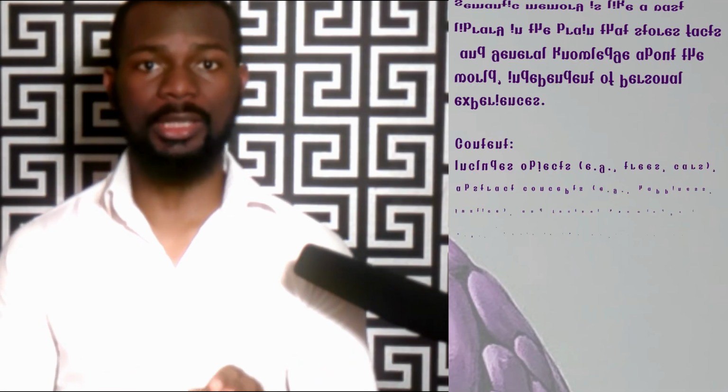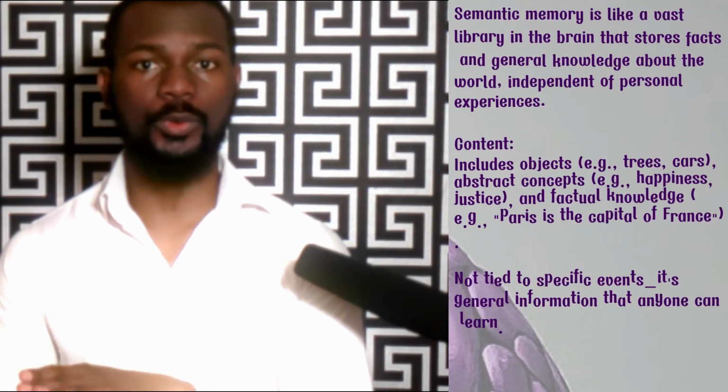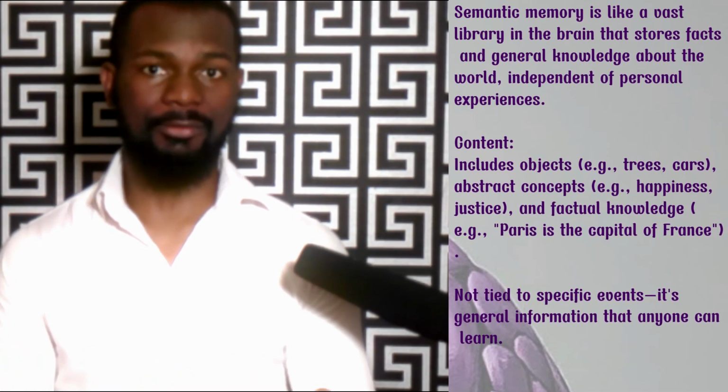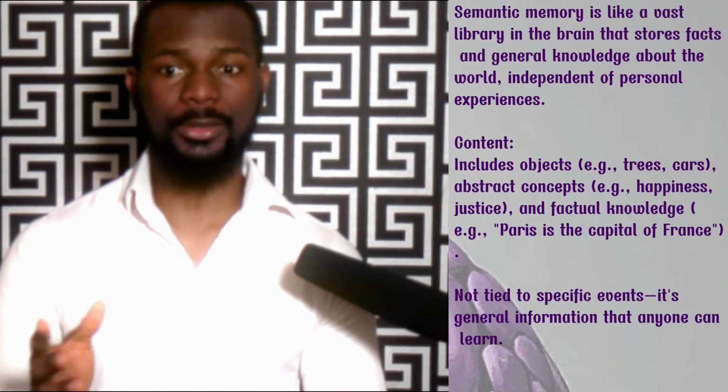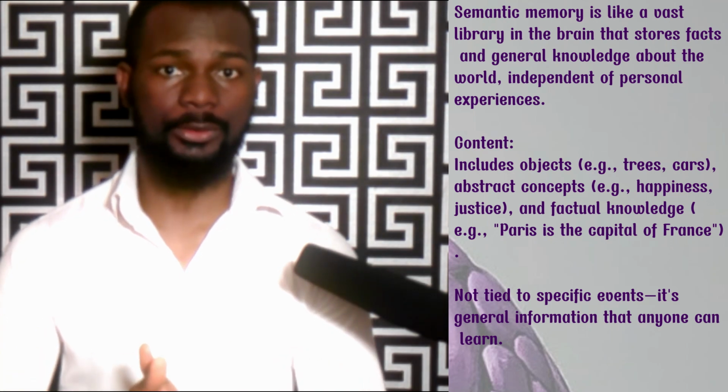Semantic information can be conceptualized as a vast library that stores information about facts and knowledge about the world. This library organizes new information by connecting it to existing schemas. Schemas are frameworks of understanding that encompass concepts, relationships, and propositions.